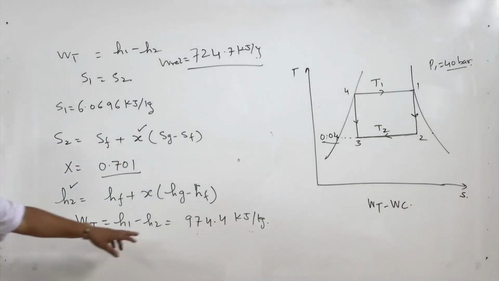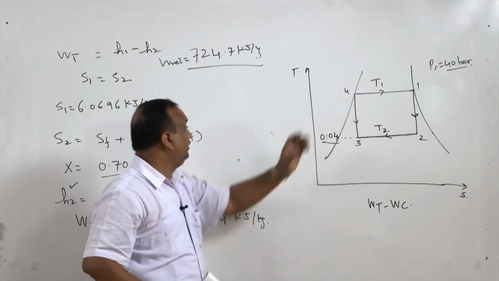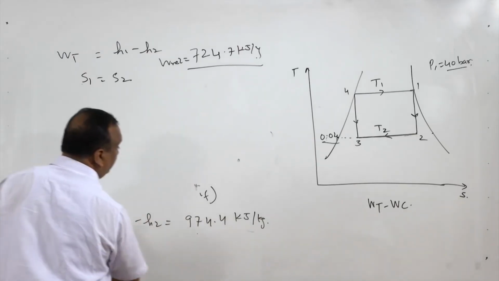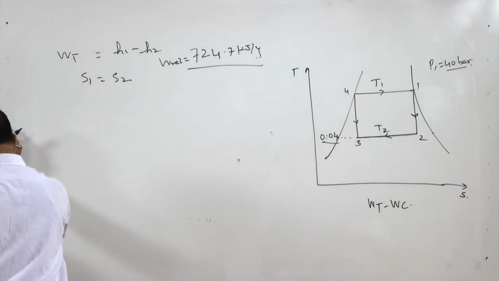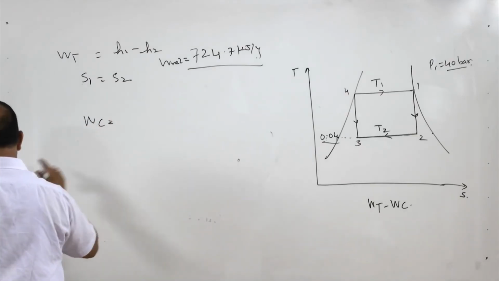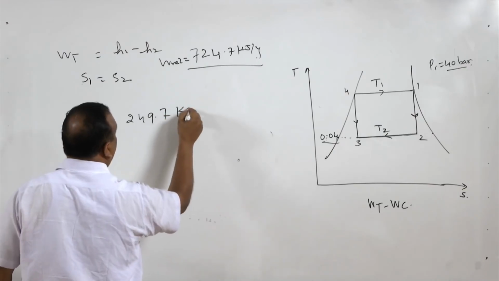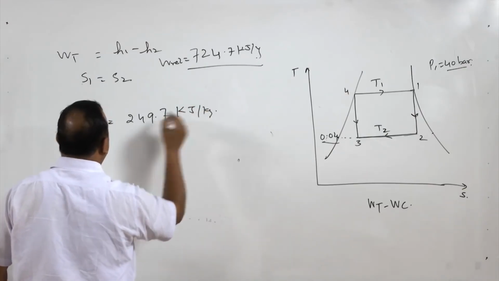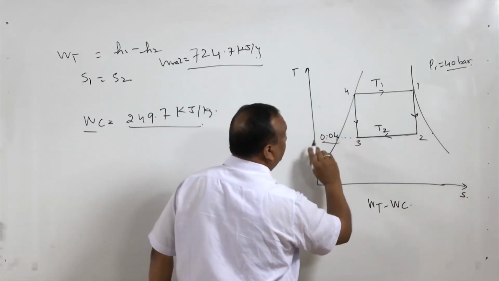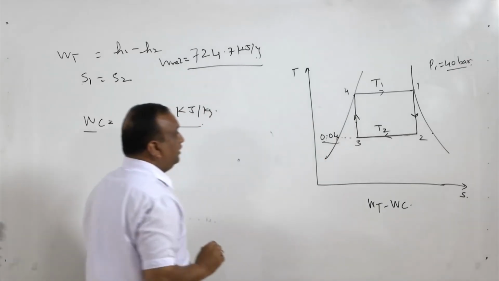So, difference of these two works will give the energy consumed in the process 3 to 4. So, energy consumed in the process 3 to 4, that is work of the compression, is 249.7 kilojoules per kg. So, this is the amount of energy being consumed in the process 3 to 4.